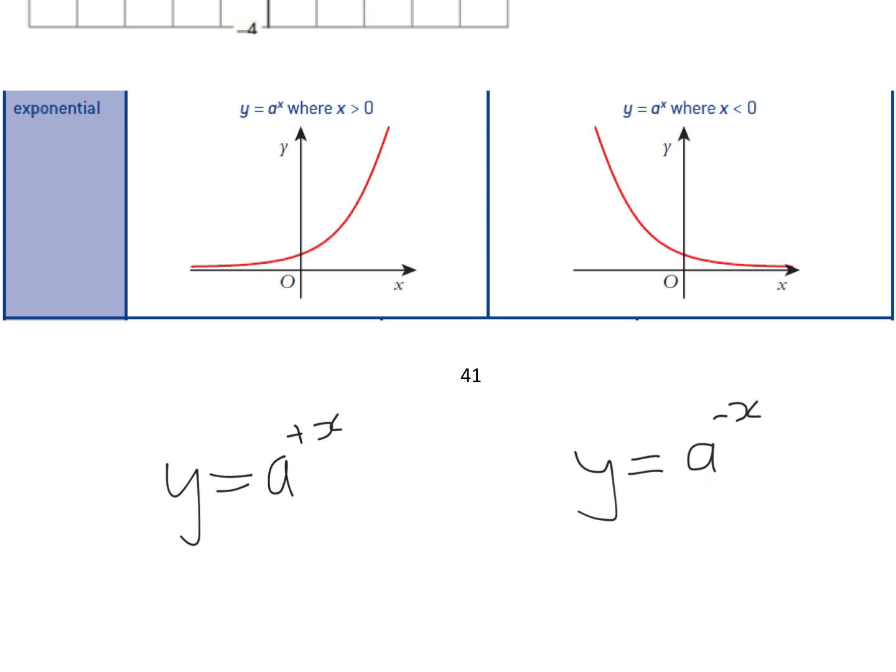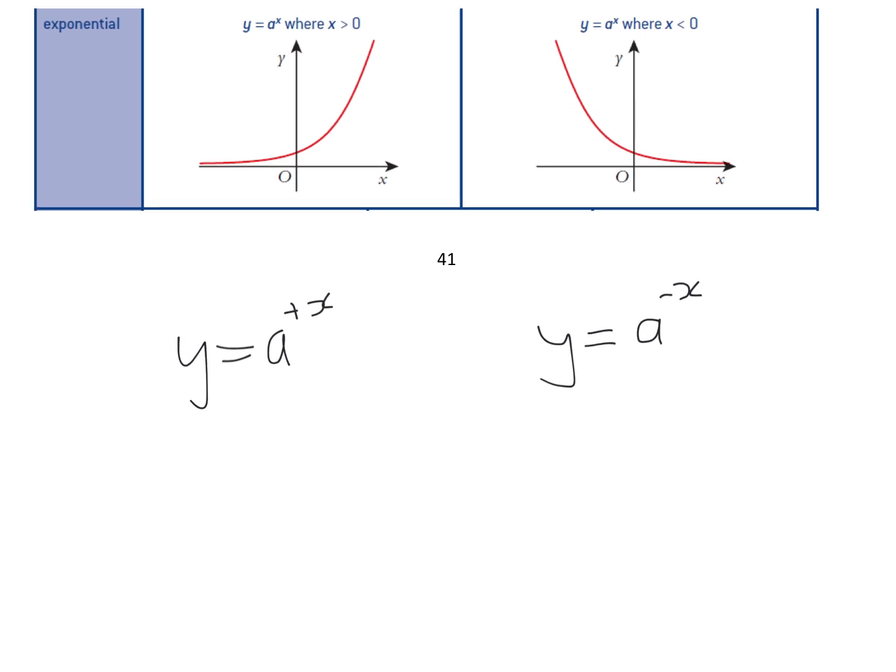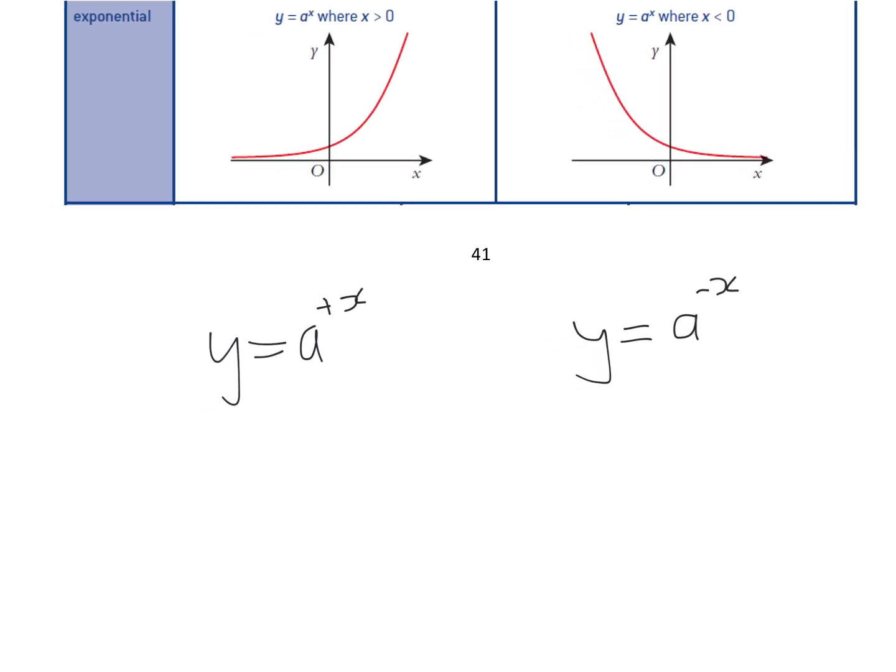The next bit of commentary is more into the A star level, so you can decide whether you want to end the video now or not. What I said is true, provided that A is bigger than 1. Okay? If A is between 0 and 1, then it flips on its head. If A is between 0 and 1, then actually you get exponential decay for the first one.